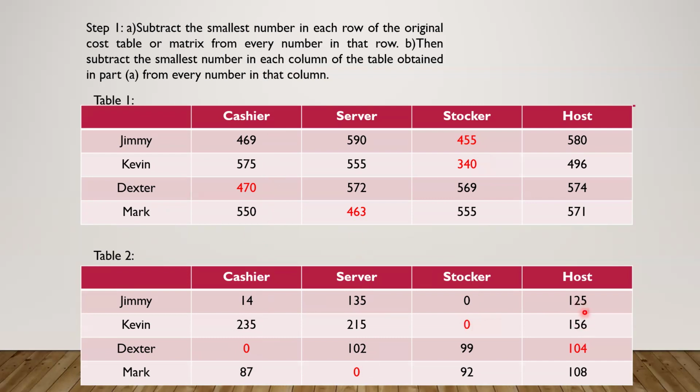And in here, among the subtracted numbers, the smallest number is 104. So now that we have the smallest number in every column, we will then subtract it by column. So we have 104, we will subtract it from 125, 156, and 108.